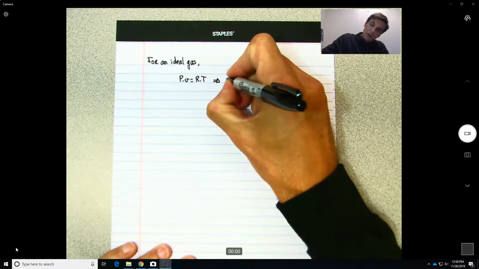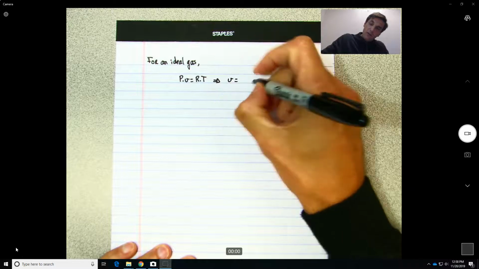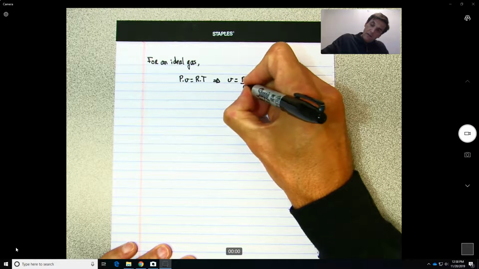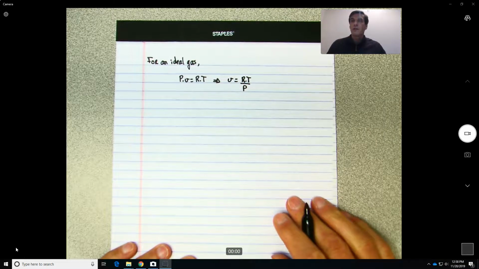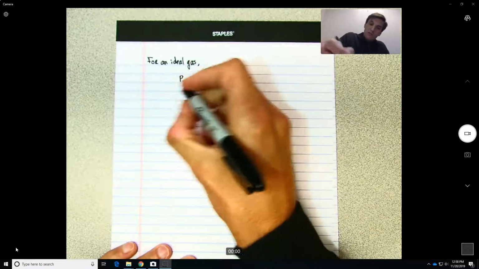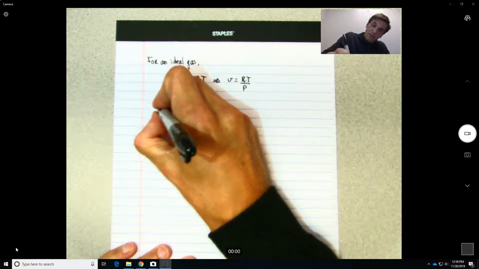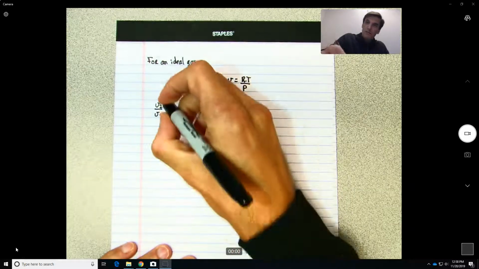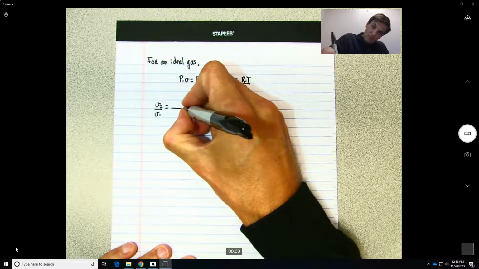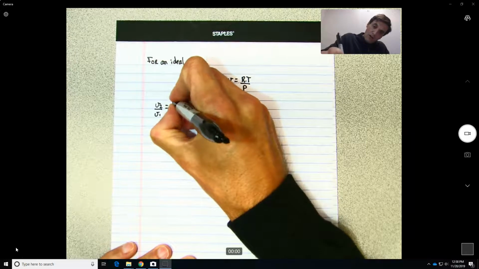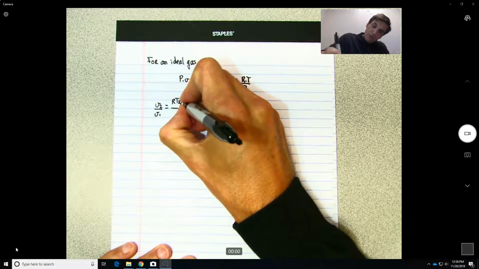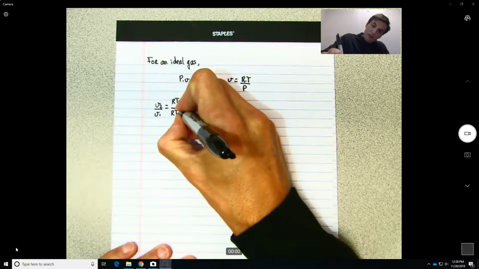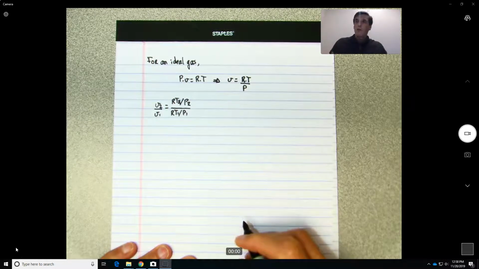So from here we know that V will be equal to RT divided by P. Using this condition, we could rewrite that V2 over V1 will be equal to R T2 over P2 divided by R T1 over P1.